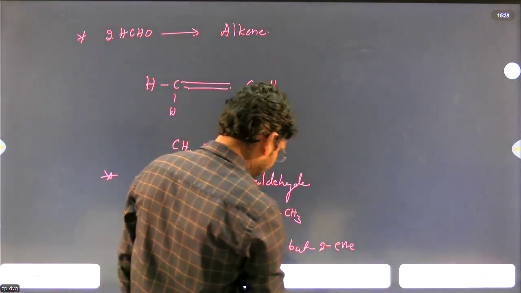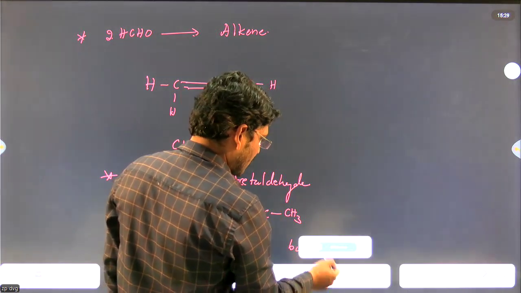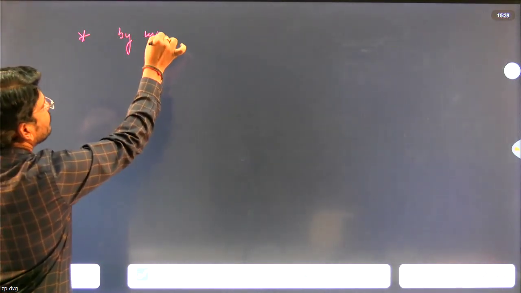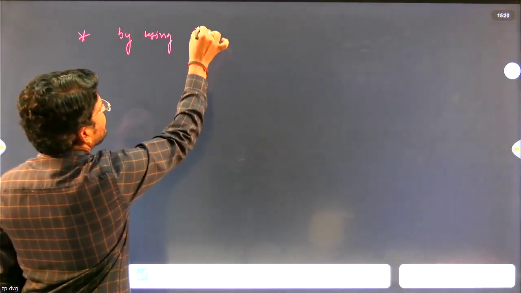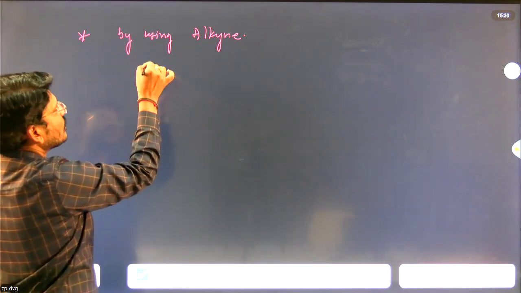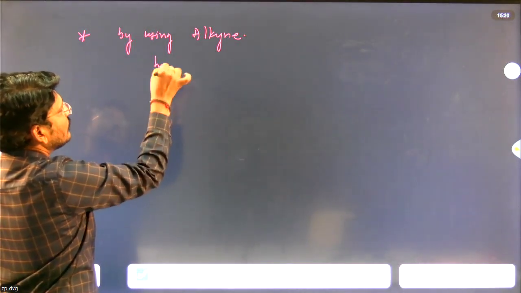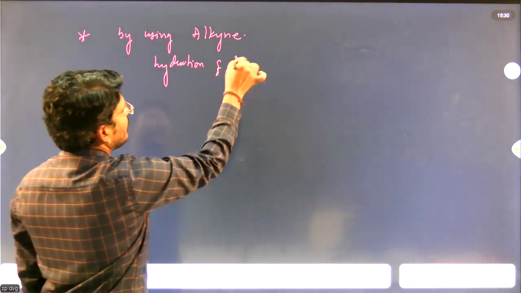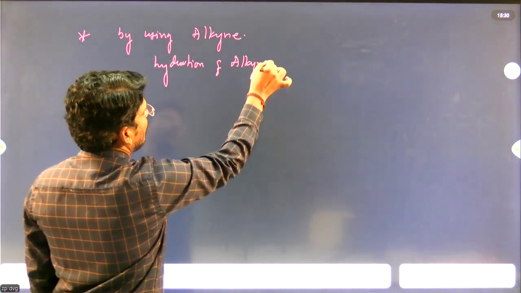Next, move on to another preparation of aldehydes and ketones by using a hydrocarbon, that is by using alkynes. Compulsorily here we have to use hydration of alkynes.